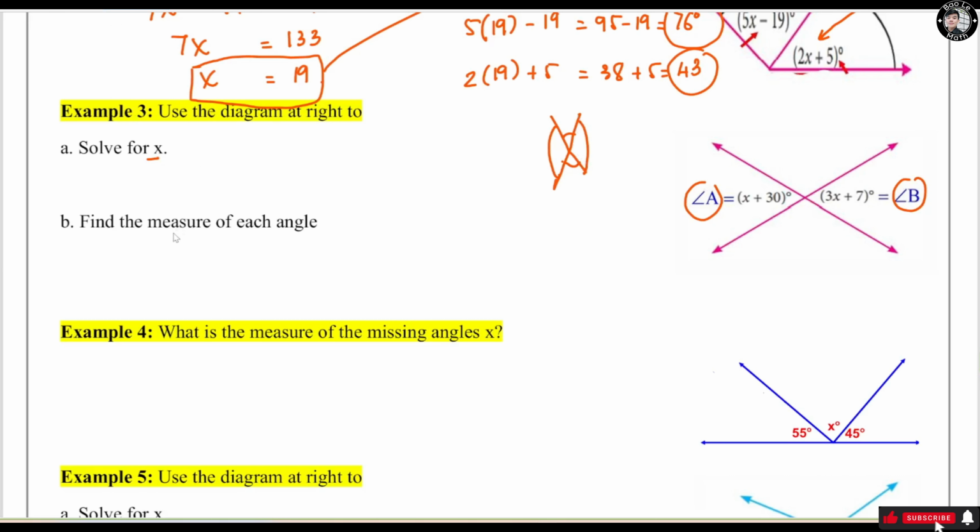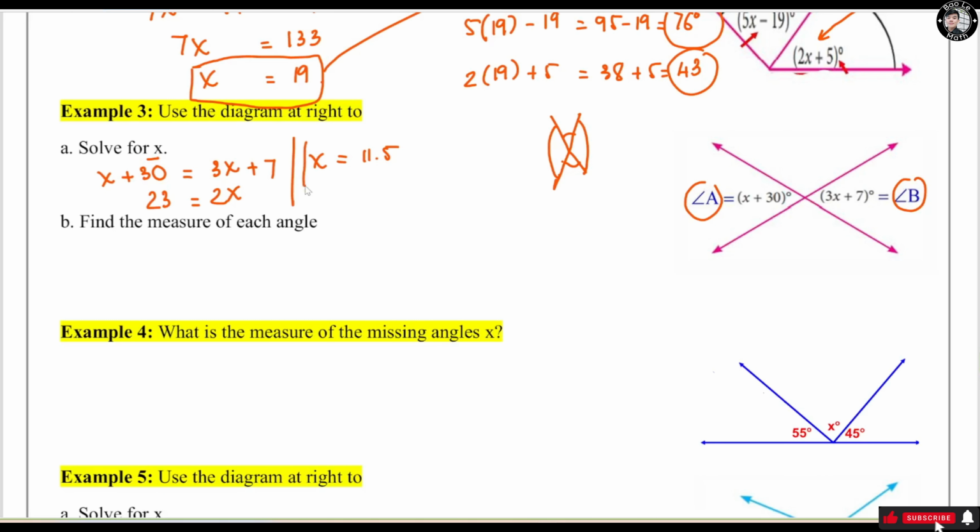Since vertical angles are congruent by the theorem, we have s plus 30 equals 3s plus 7. Now we're going to subtract s from both sides, so 3s minus s is 2s. And we're going to subtract 7 from both sides, so 30 minus 7 is 23. We're going to divide both sides by 2, s equals 11.5.